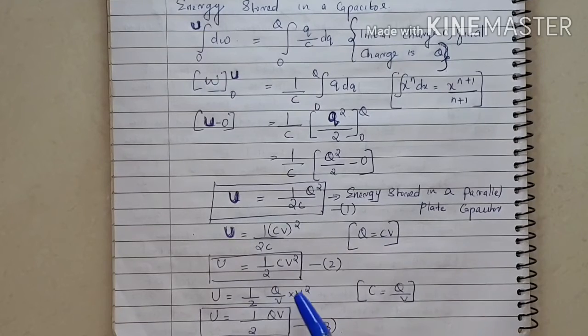So energy stored in a parallel plate capacitor can also be written as U equals 1 by 2 QV. All these three equations represent the energy stored in a parallel plate capacitor. That is, the first equation is U equals 1 by 2C Q square, also it can be written as 1 by 2 CV square, also U equals 1 by 2 QV.